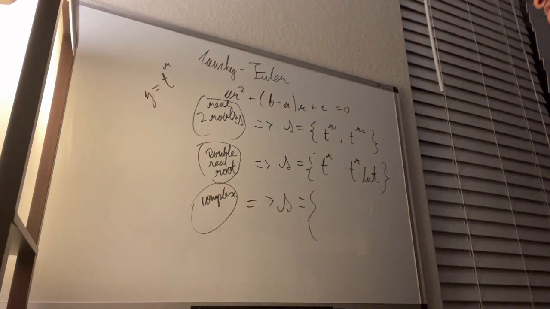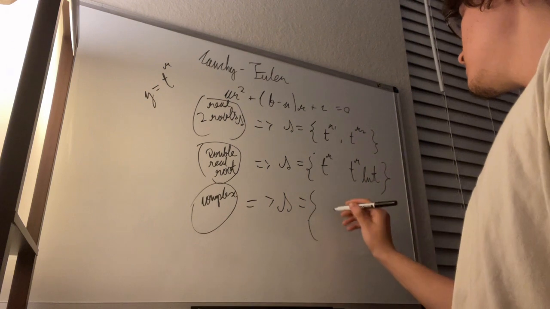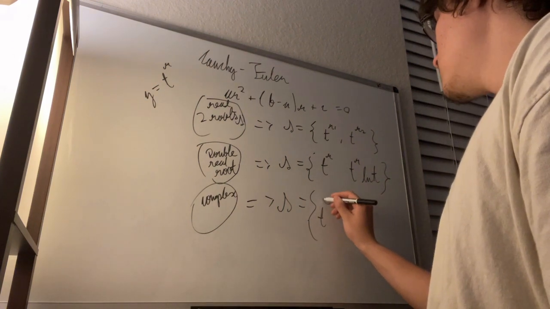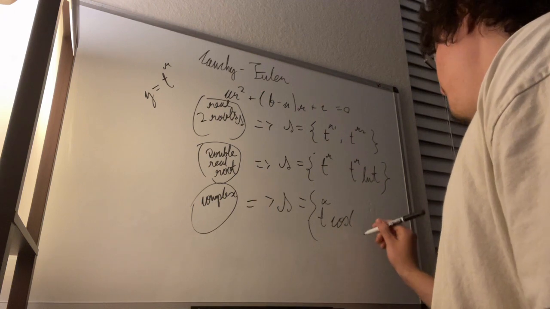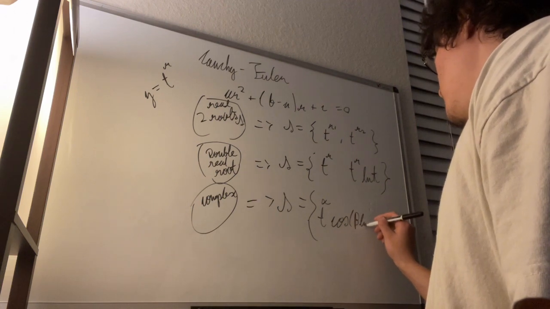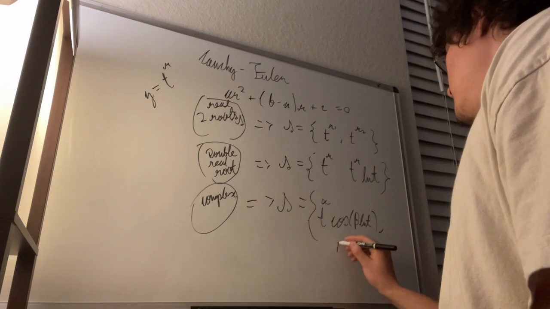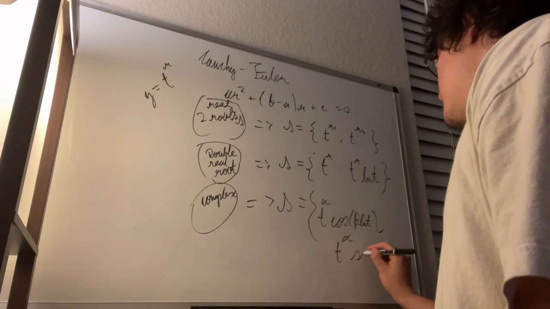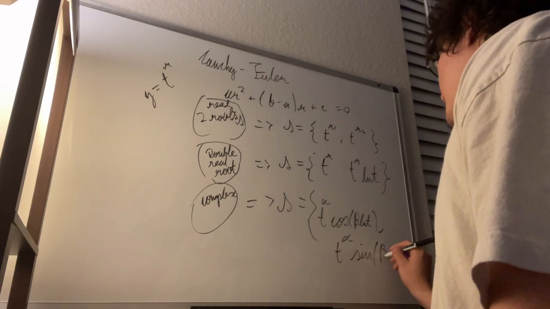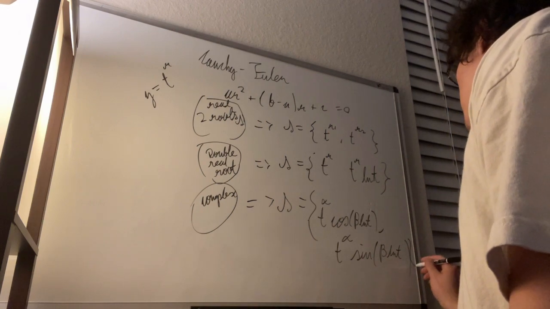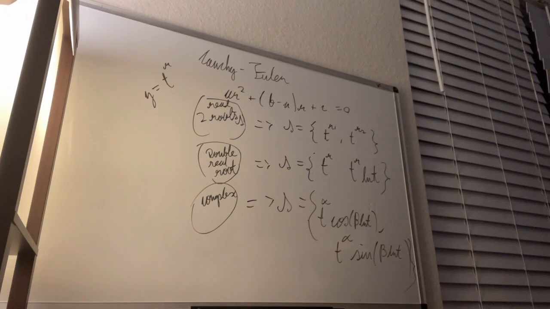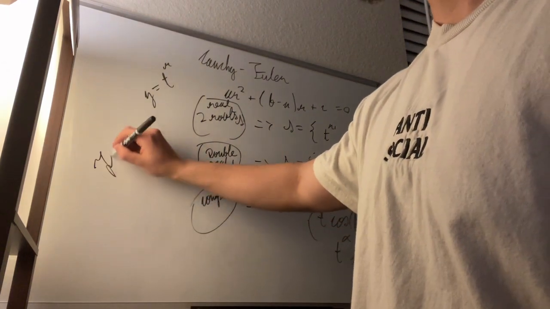Now we're going to do the same here, but it is going to be t to the power of alpha times cosine of beta log t, and t to the alpha sine of beta log t. Those are going to be your homogeneous solution set.